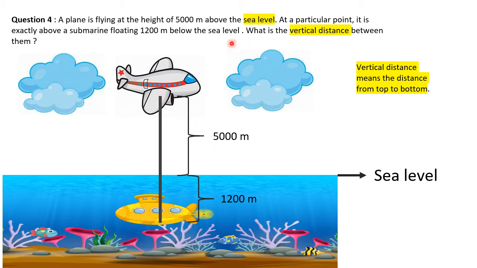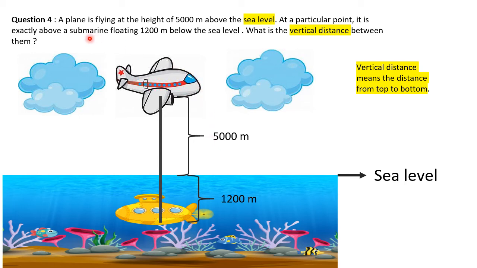Okay. So now look at the question. They have asked us to find the vertical distance between the plane and the submarine. Now you can see that this plane is at 5,000 meters from the sea level. So can you see from where we measured? We measured it from the sea level to the top of the plane, which is 5,000 meter, right?